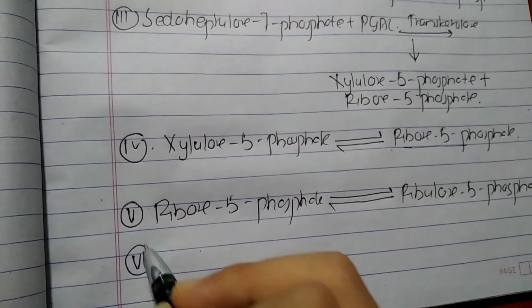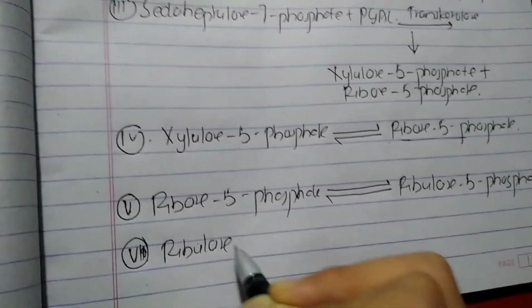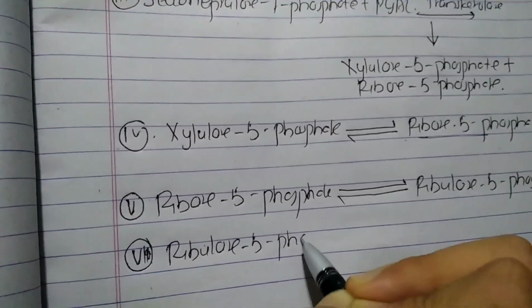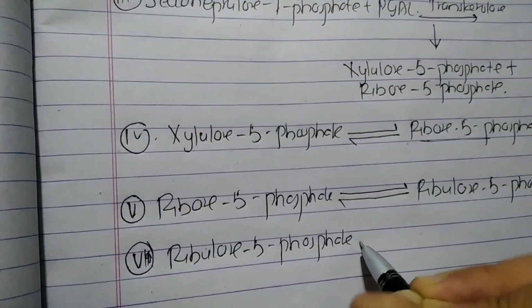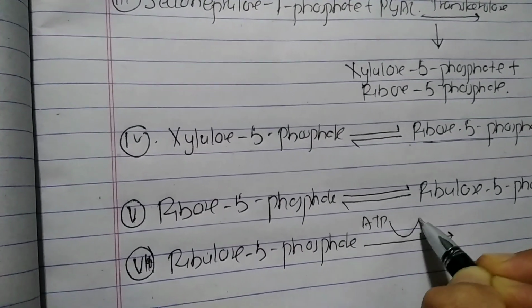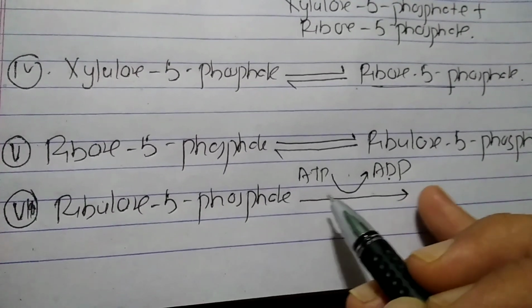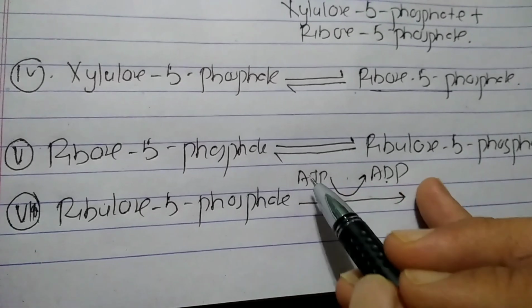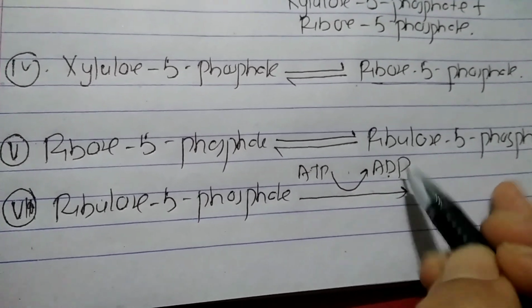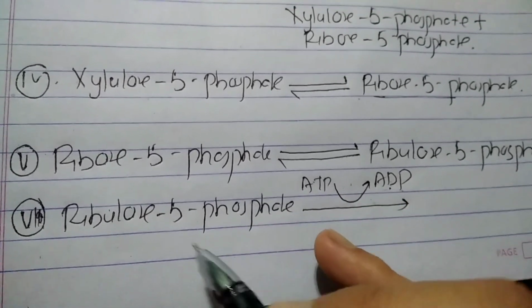So the final and last step is ribulose 5-phosphate converting into ribulose bisphosphate by phosphorylation. In this final step of phosphorylation, ATP is converted into ADP. Thus it releases an inorganic phosphate group, and this inorganic phosphate will be combined here.